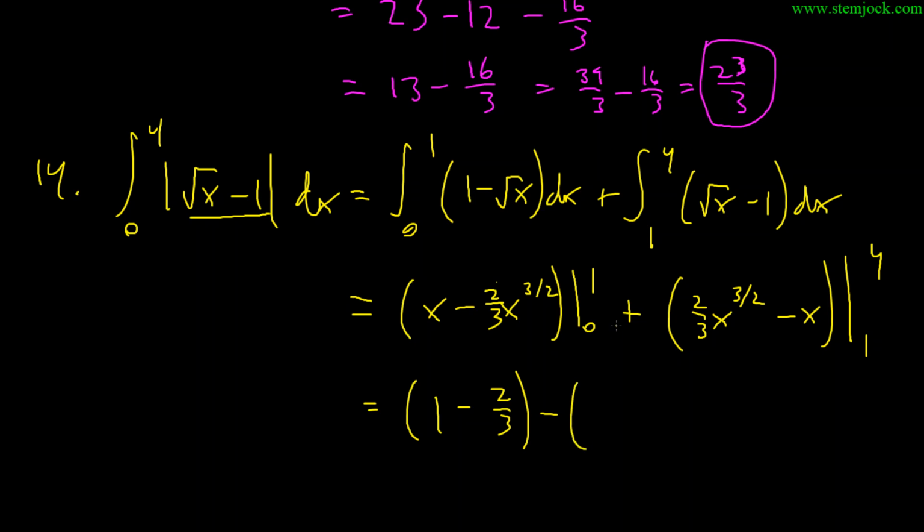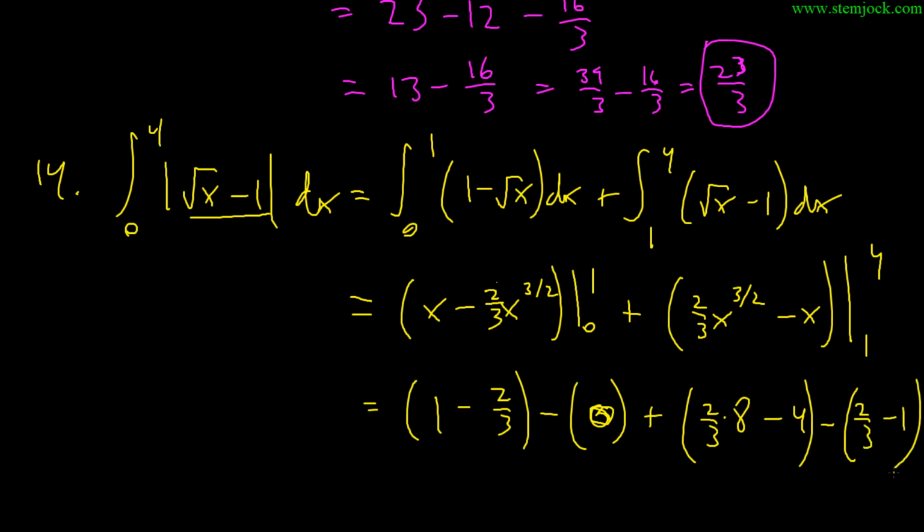And if I now subtract the same thing, but I plug in 0 this time, this is just 0. All right, and now the second one here. This is if I plug in 4 here, 2/3 times the square root of 4 cubed, so square root of 4 is 2, and 2 cubed is 8, and minus 4. And then minus, I'm going to plug in 1. So this is 2/3 minus 1.